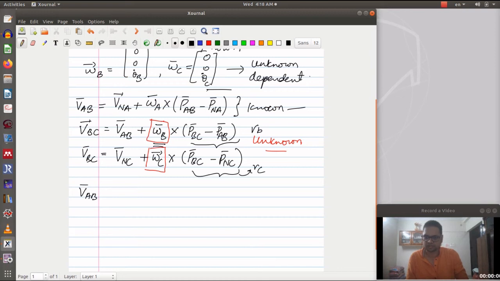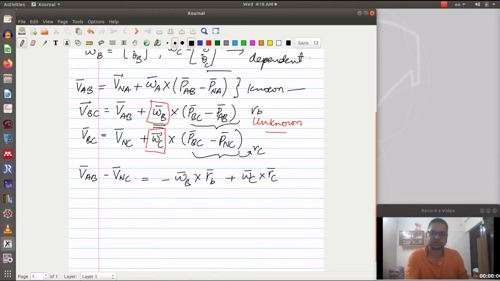Velocity of AB minus velocity of NC is equal to minus omega B cross RB plus omega C cross RC. Right. This is our equation.